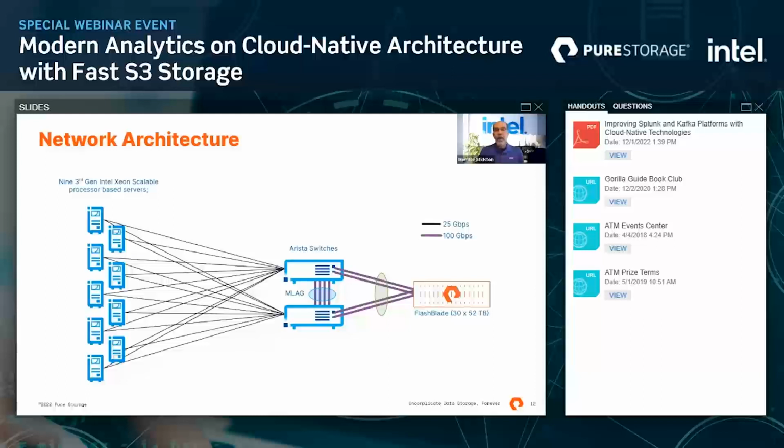And then the purple lines that you see, the MLAG, and then from the Arista switches to the FlashBlades, those are 100 gigabit connections. So you can see that we're really driving tremendous amount of throughput on this platform. So again, this is something really important to pay attention to. Your networking is going to be one of the most important things you're going to have to do on this environment. Next slide.